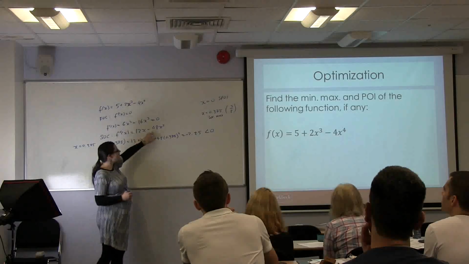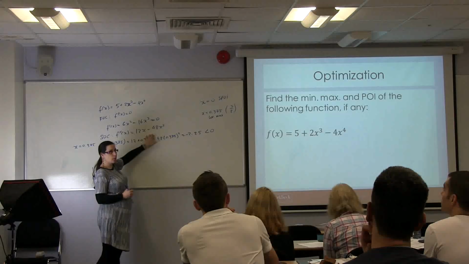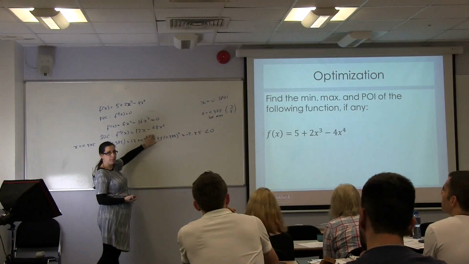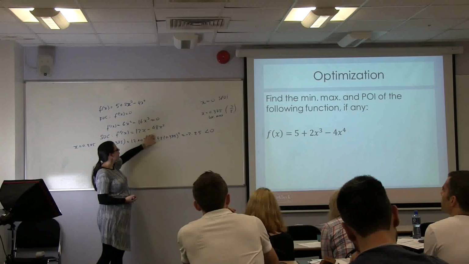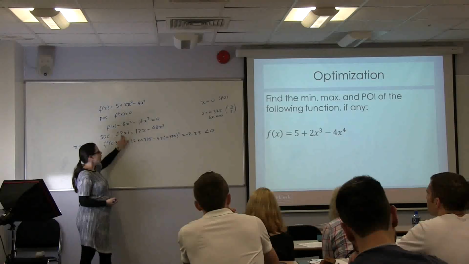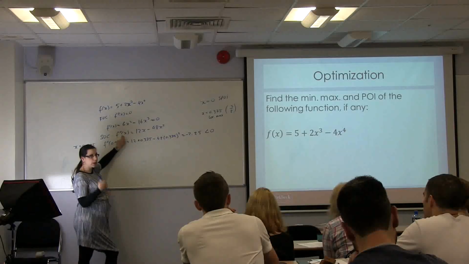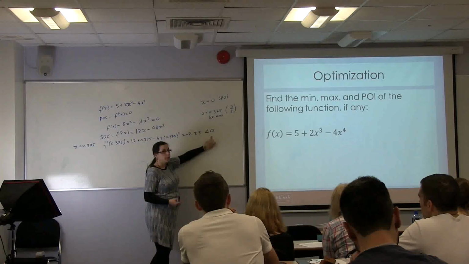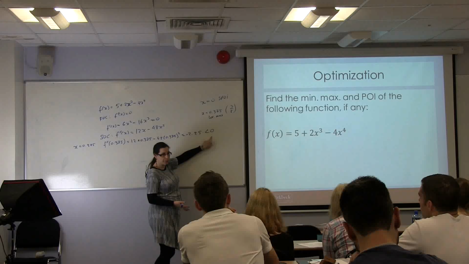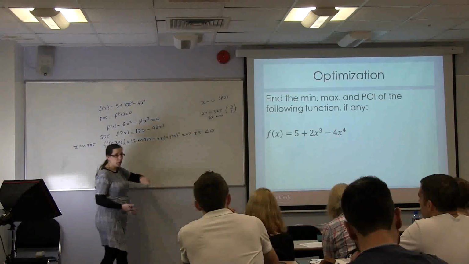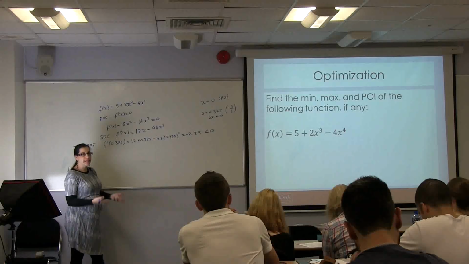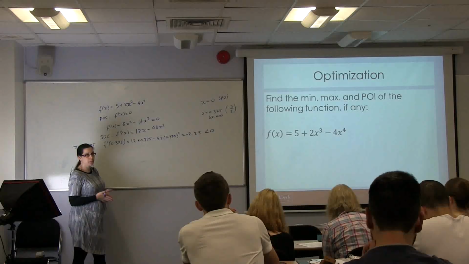So if it was negative for every single x value, that would be a global maximum. But because it changes sign at certain points, it is just a local maximum.